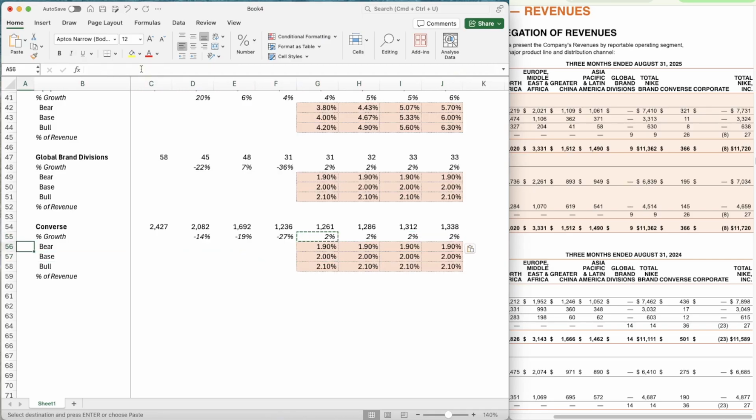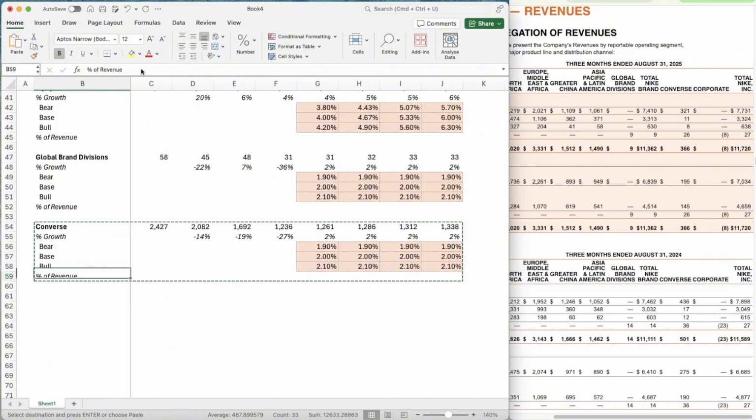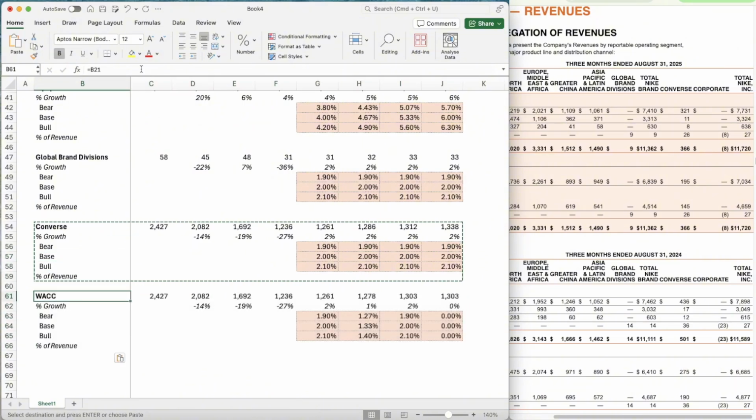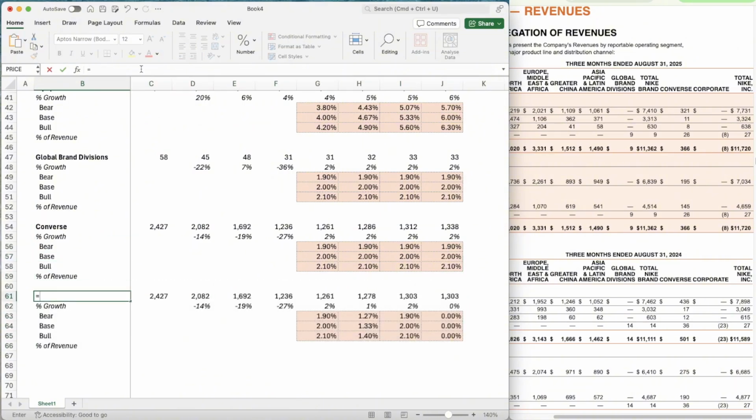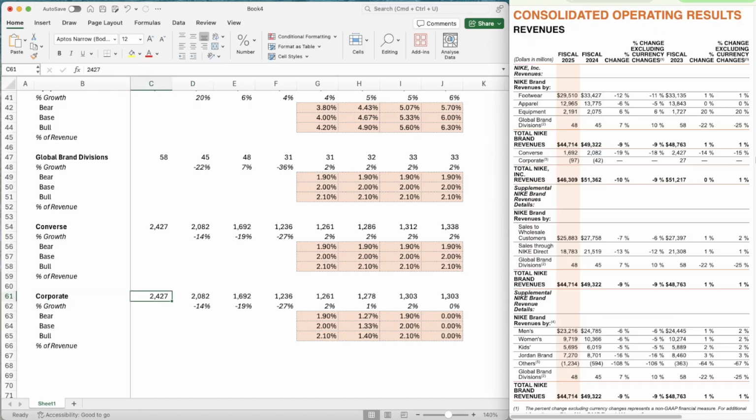Okay, looks good. Now it's just this one last section called Corporate, and again, it's a bit like the global brand divisions thing. It's a very small part of the revenue, but we have to put everything in so that it all lines up. 7 minus 42 minus 7.